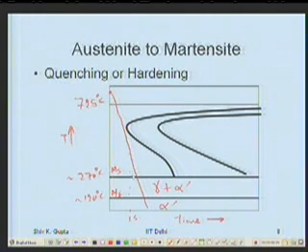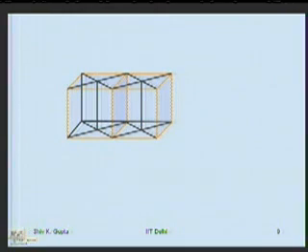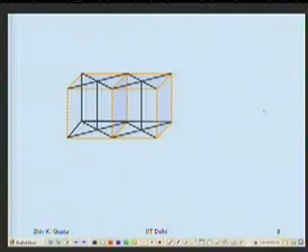The temperature where the diffusion is required to take place is very low, and carbon is unable to diffuse. Even though it is an interstitial mechanism of diffusion, it's a very slow process, it cannot take place. And therefore this transformation is brought about, as I told in the last class, by a deformation mechanism, which is called a shear mechanism.